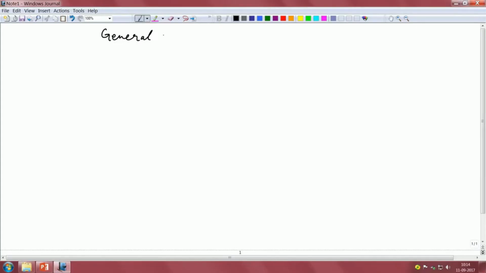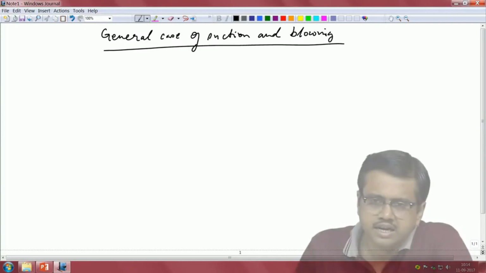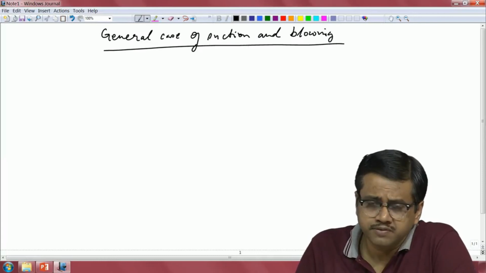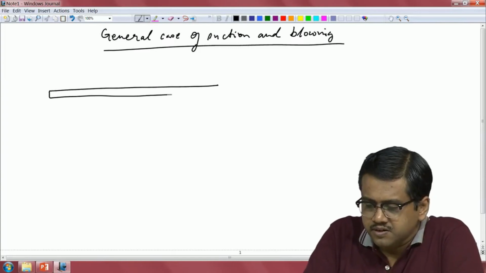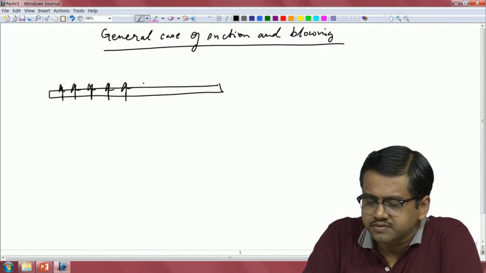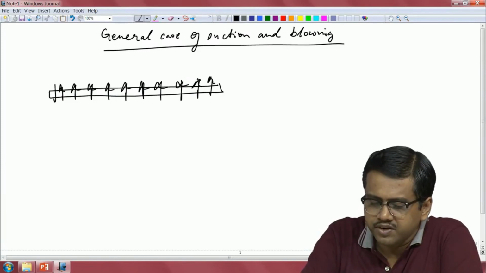In this particular class, we are going to look at the general case of suction and blowing. In the previous classes also we said, what if the plate is not impervious in nature? That means you have this plate and it can either bleed like a perspiration, or there can be a reverse direction of flow.